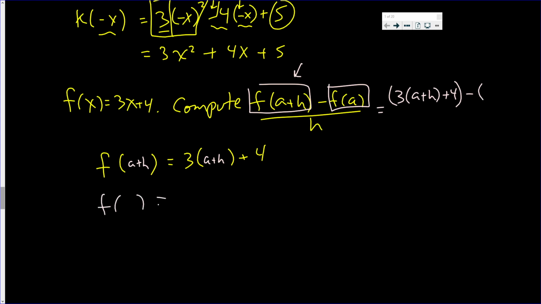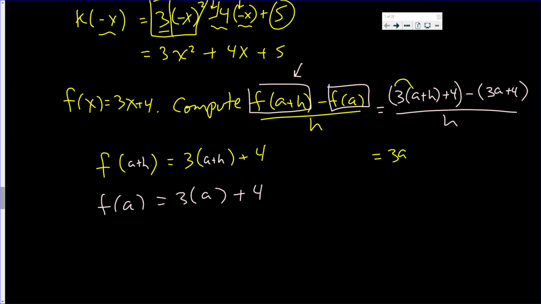f of x is 3x plus 4. They put a in the brackets, whatever. We got 3a plus 4. All of this over h. Okay, now and only now does the mathematics start. You have 3 times a plus 3 times h.